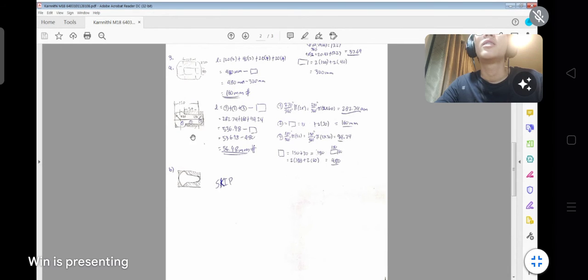Alright, now I have to find the big rectangle. The big rectangle is, it says over here, 150, and then I have to plus 30 here. So that equals 180.